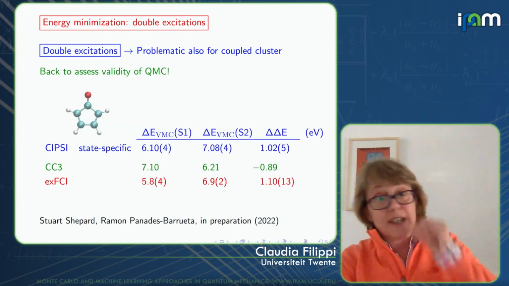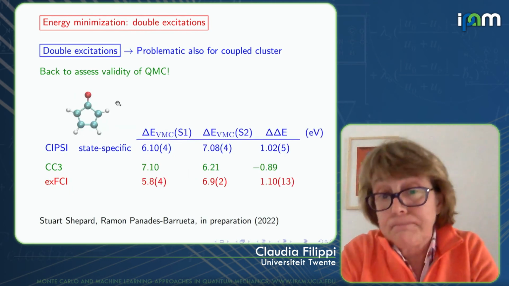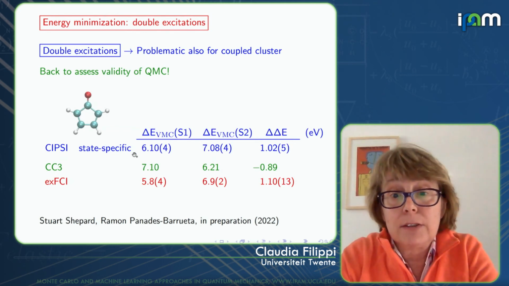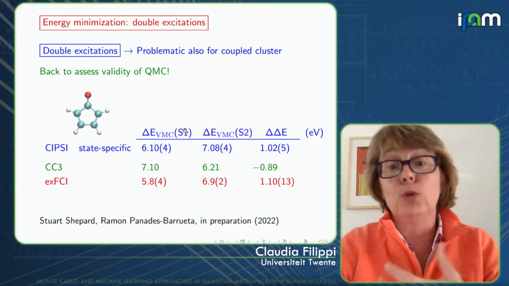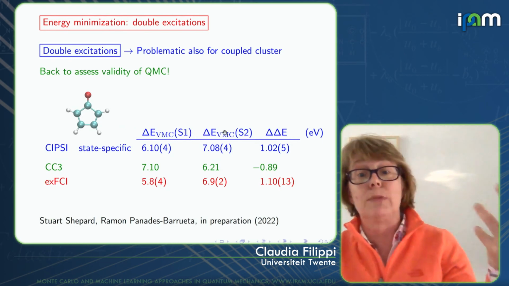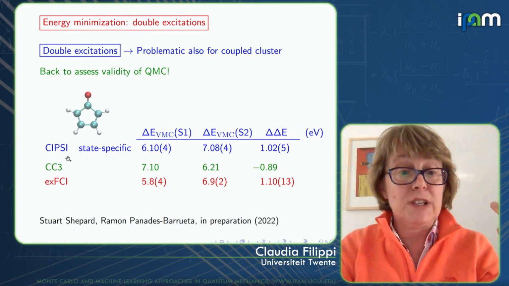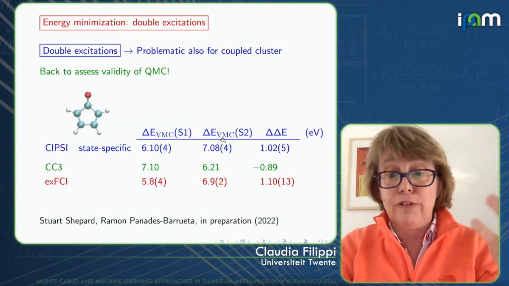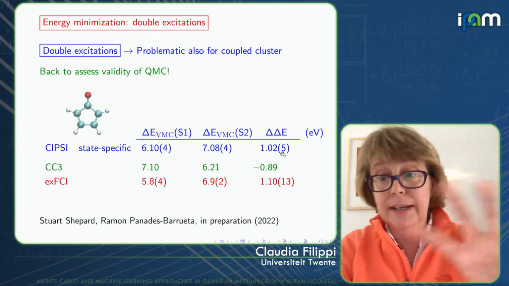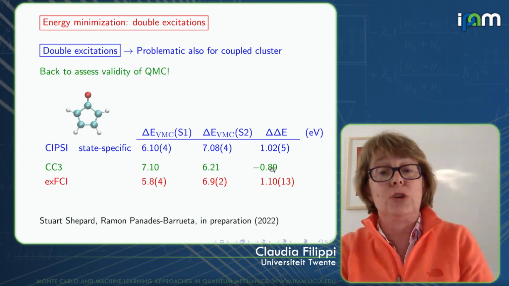And now here what I'm showing is another one which is larger, and there are two states which are considered, one considered difficult and the other one easy for some reason. If you do CC3, we are essentially off for each state by 1 eV, and the relative order is actually swapped.